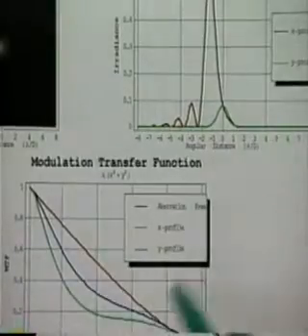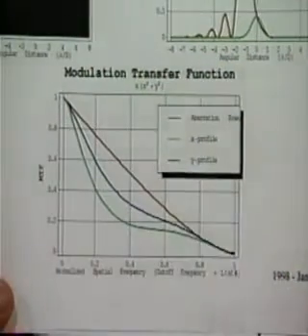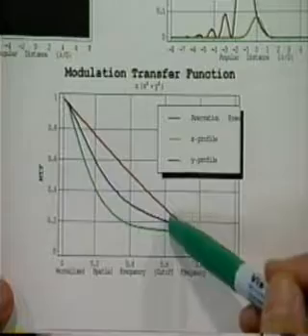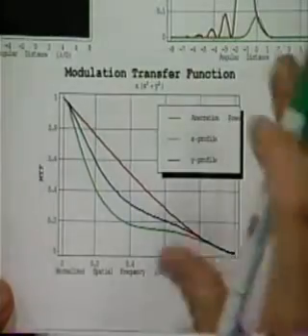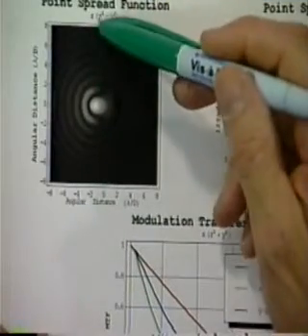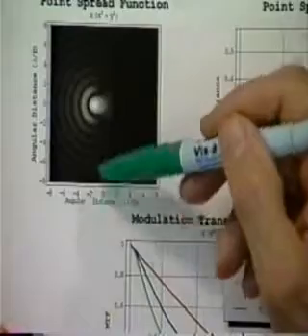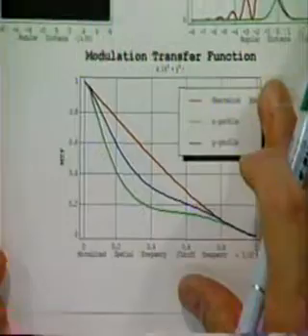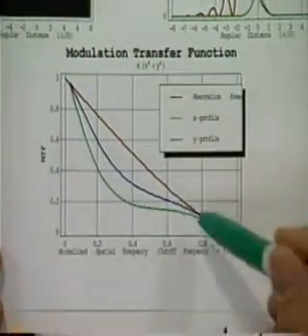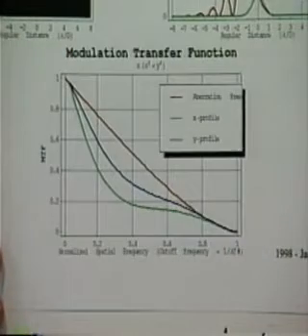So this would be the aberration-free MTF, and this is what we get in the y direction. In the y direction, the point spread function is definitely better than it is in x. And so in y the MTF is higher, and in x it has dropped down here.